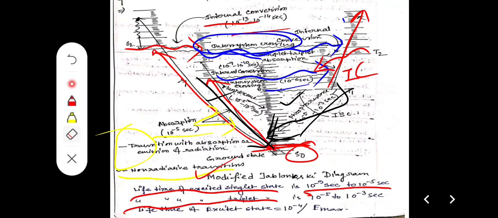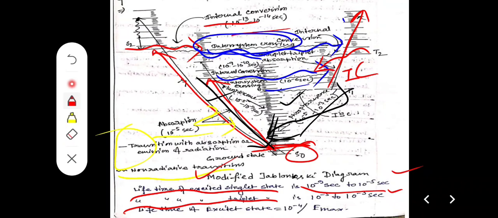So which is larger? There may be confusion, but I think 10 to the power minus 9 is the short lived one, and this is the longer lived one.